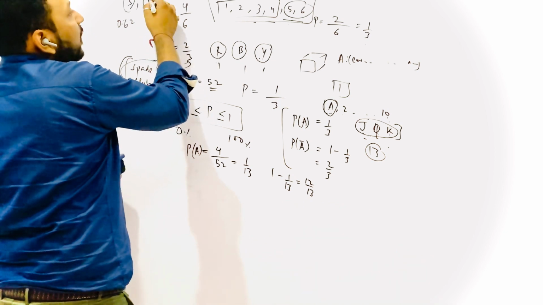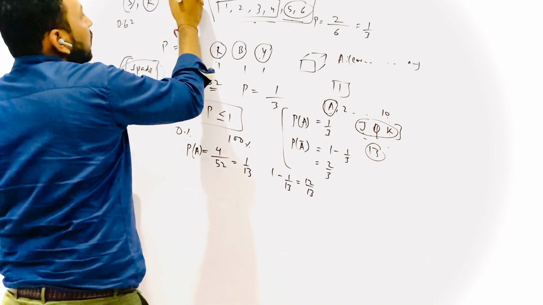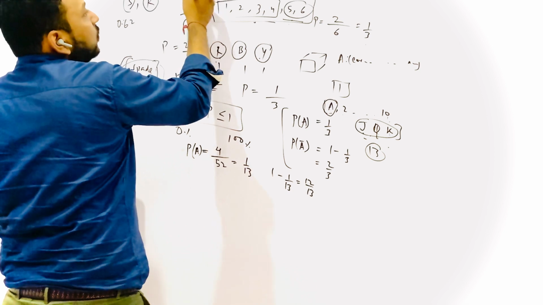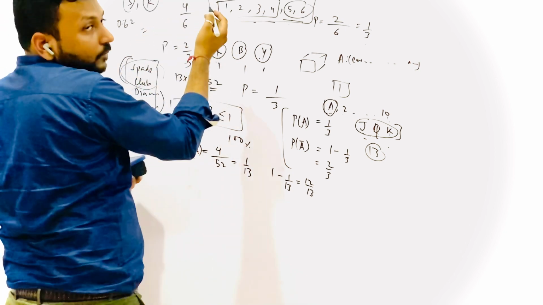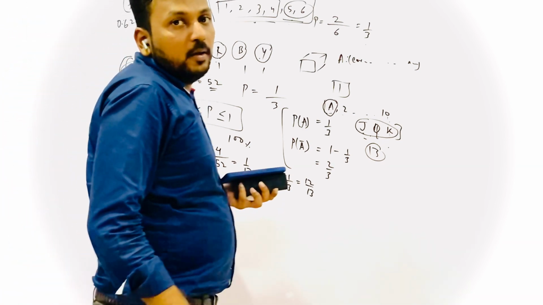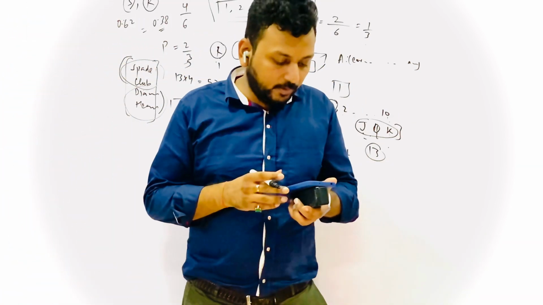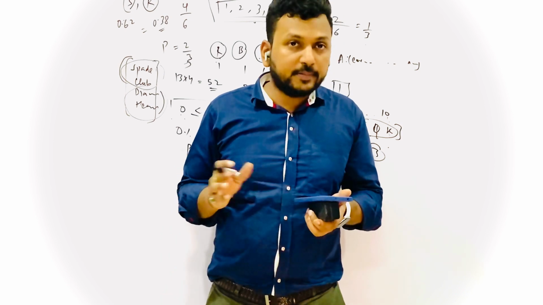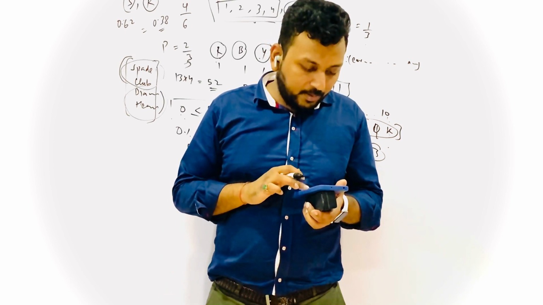So what is the probability that Reshma wins? That is total minus 0.62, 1 minus 0.62. So how much is that? 0.38. So the probability of Reshma winning the match will be 0.38. Simple.